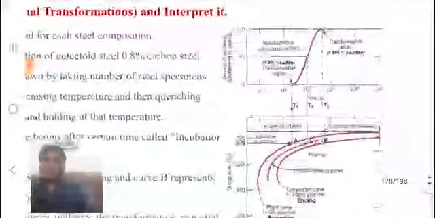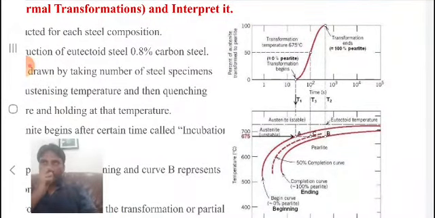This diagram is for eutectoid steel, and the top curve indicates how the transformation takes place from austenite to the different microstructures like pearlite, coarse pearlite, fine pearlite, then comes sorbite, then troostite, then upper bainite, then lower bainite, then the temperature of martensite.